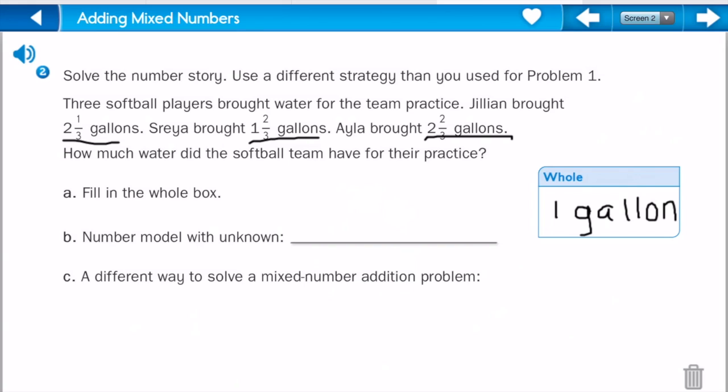So we're going to add 2 1/3 plus 1 2/3 plus 2 2/3 equals G. Now, let's use a different way to solve these problems than we did the last time. So what I'm going to do is draw a picture.